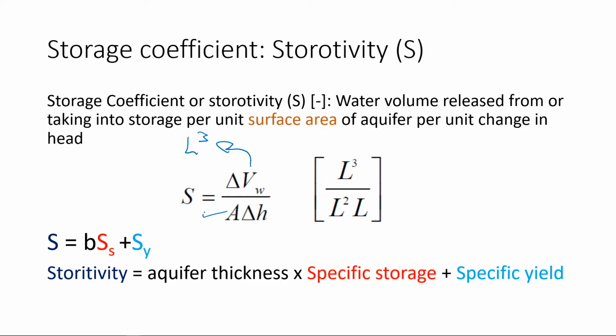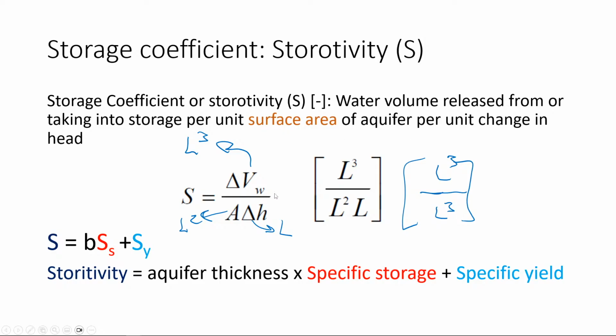This is area, which has a dimension of L squared, and this is head. Remember, head has a dimension of length. So this will be dimensionless. Or you can also write it as L cubed over L cubed, so that you know this is volume over volume.